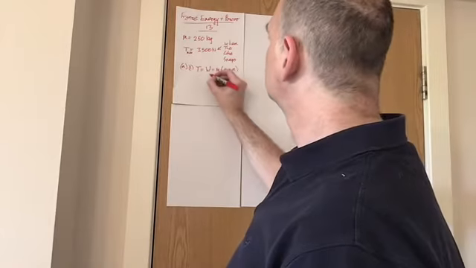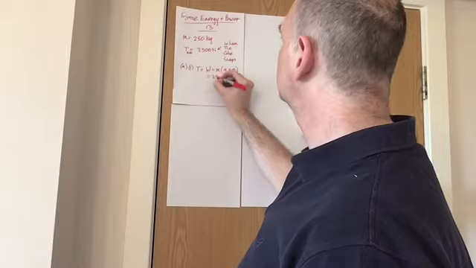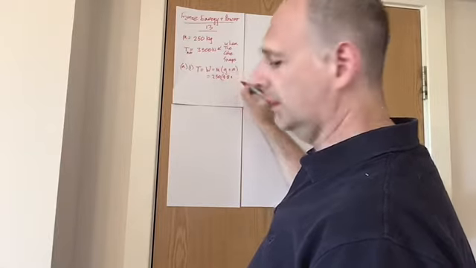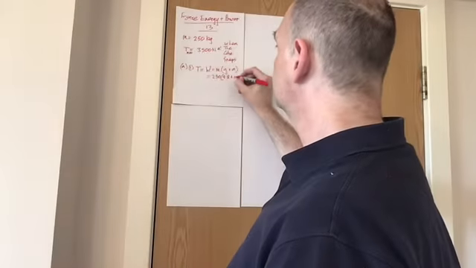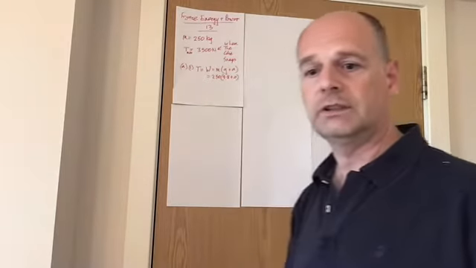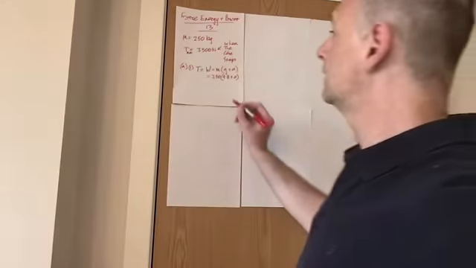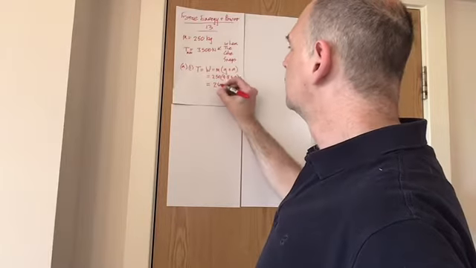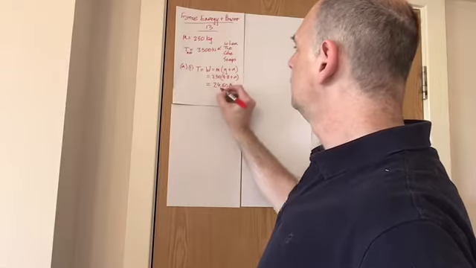So let's plug the numbers in. We've got 250 kilograms times 9.8 for gravity and an acceleration of 0, because in part A the lift is at rest, therefore it is not accelerating because it's not even moving, and that should give us 2,450 newtons.